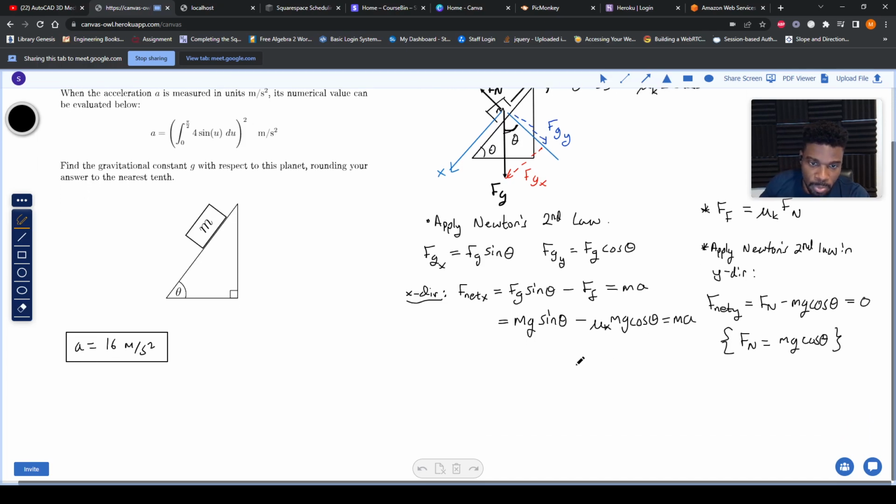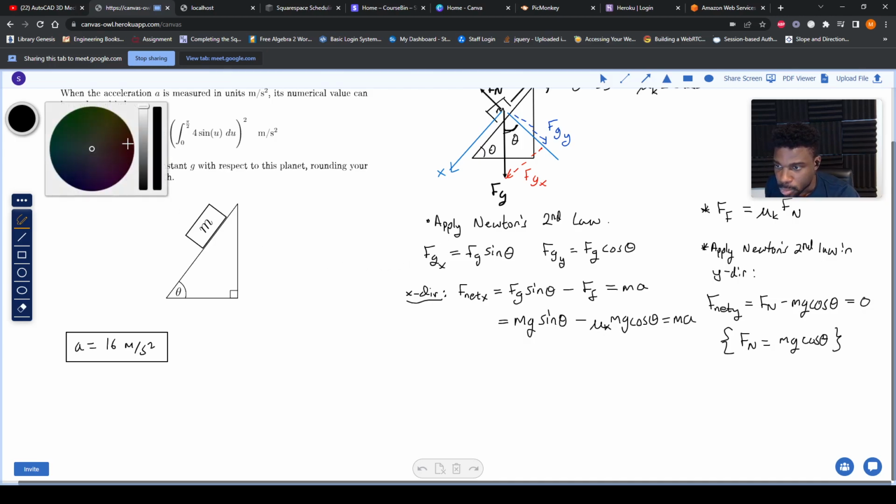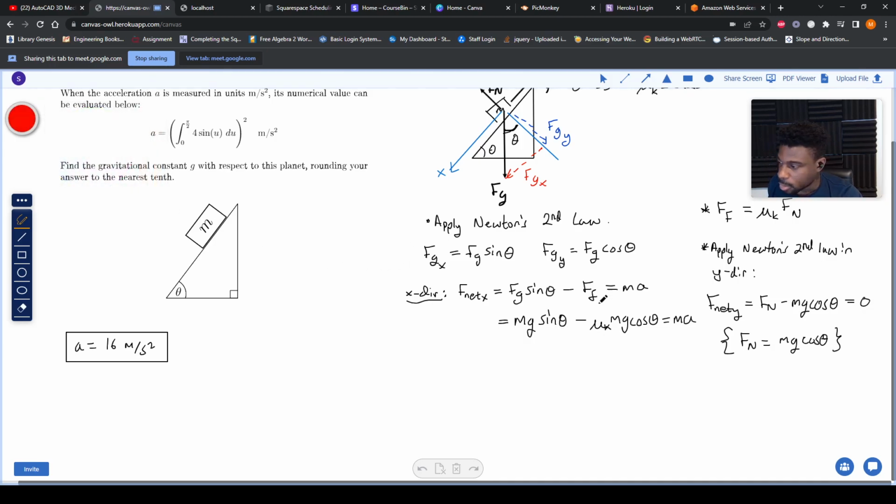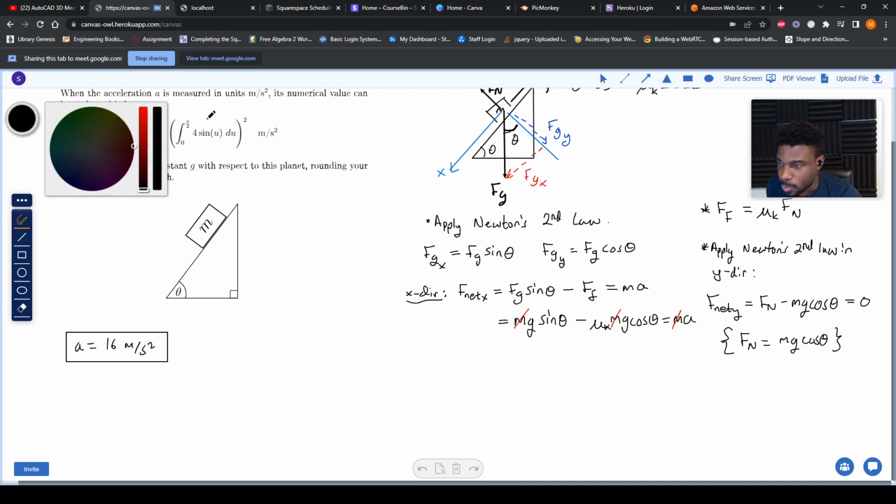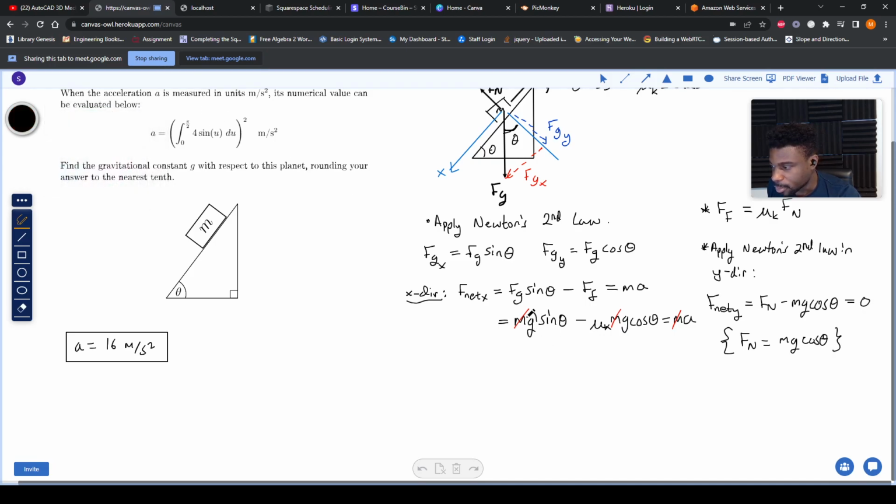Okay, so we're almost done with this problem. The only thing left is to work this out, cancel out some like terms, and solve for g. So let's start by canceling out the m's. And the next thing we're going to do is factor out the g from both of these terms.